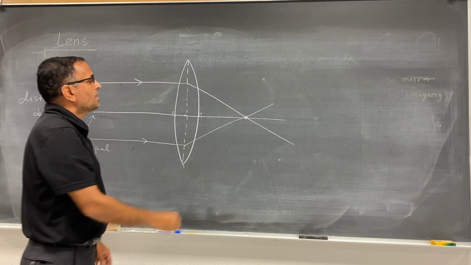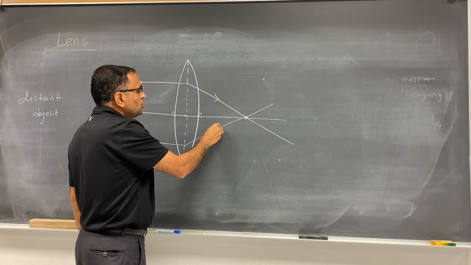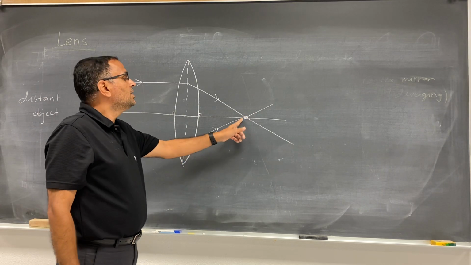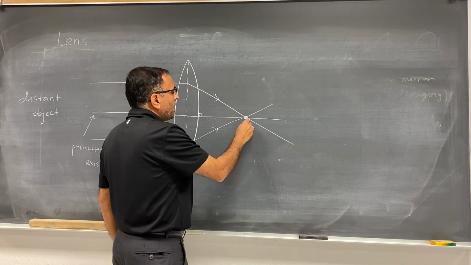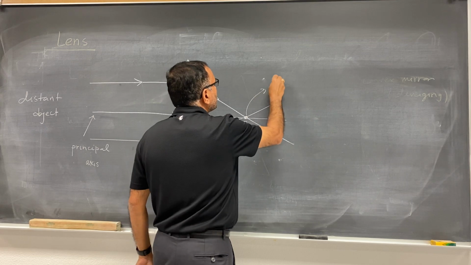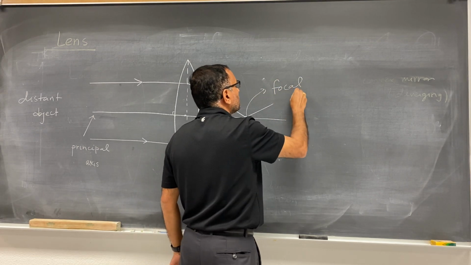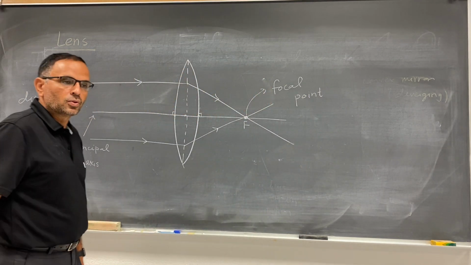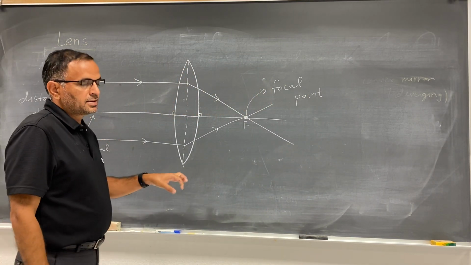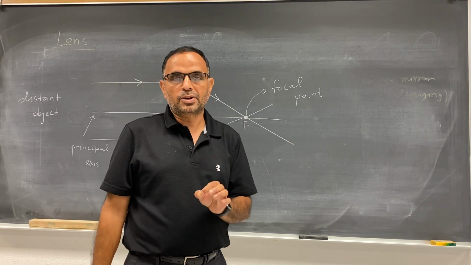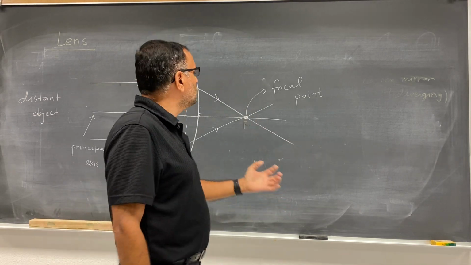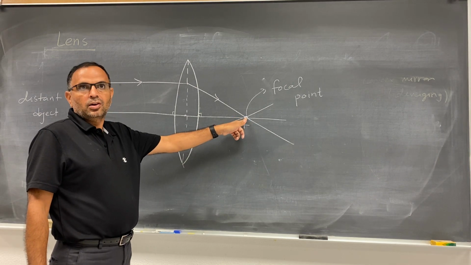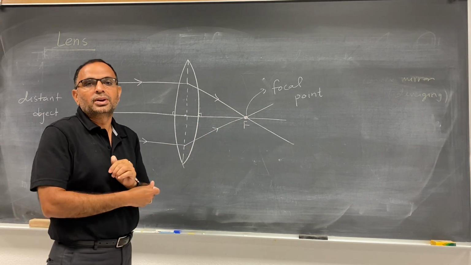Both rays, after refraction through the lens, converge right here, and this point you can represent by F, and this point is called the focal point. So the rays parallel to the principal axis, after refraction through the convex lens, focus at the focal point, or they converge at the focal point.